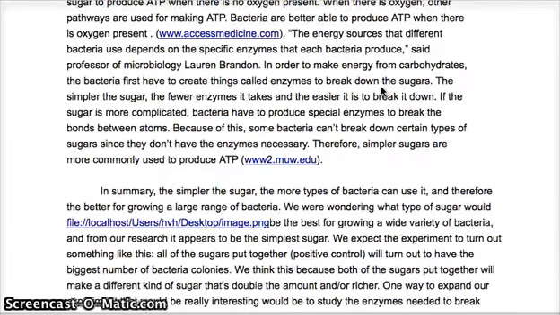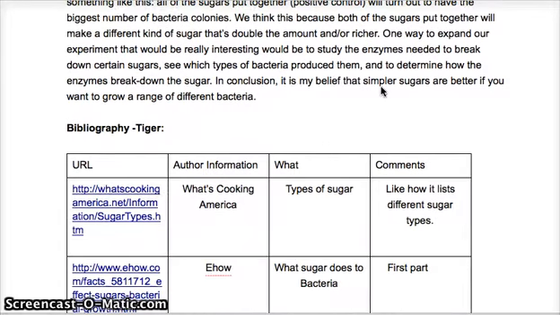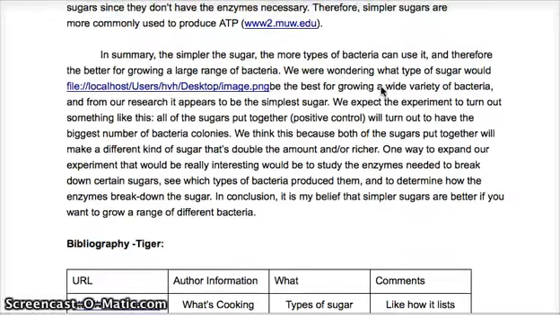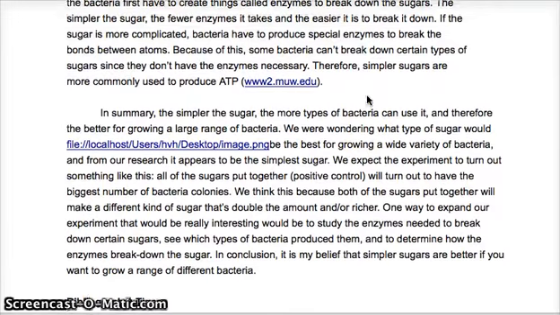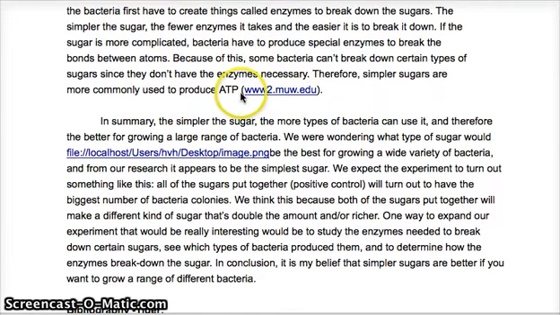And we added links from the combined bibliography. All of the sites in there are sites that we used to find research for our background knowledge about bacteria. And so you can see there's websites in parentheses, like right here.